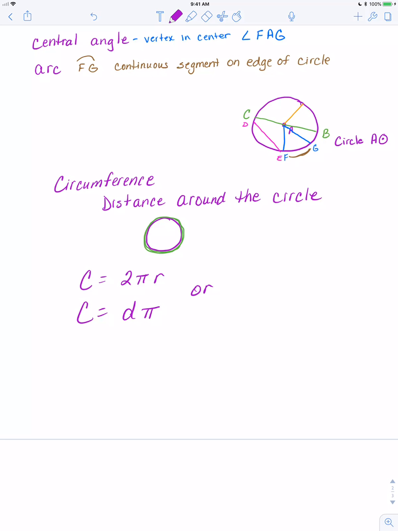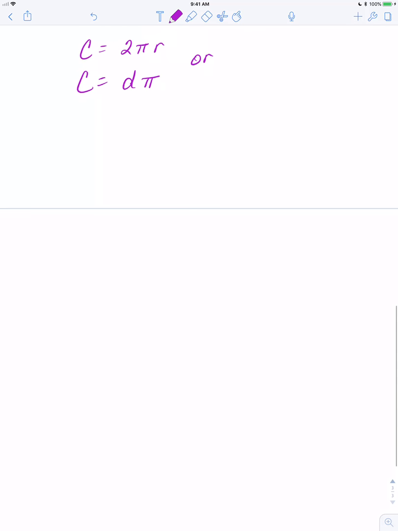All right, so you may have to label or name some radius and chords and things on a circle, but I really wanted to do a couple of examples of trying to find the circumference of a circle. So let's say we're given a circle and we have a radius of 3.